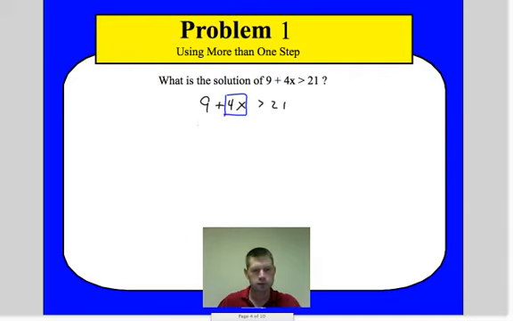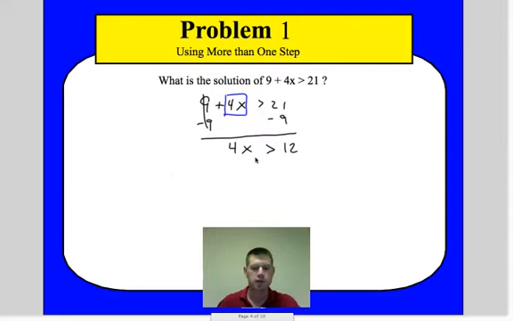So I have to subtract 9 from each side. When I subtract 9 from both sides, 9 minus 9 is 0, plus 4x is my 4x. And then I take 21 minus 9, which gets us 12.